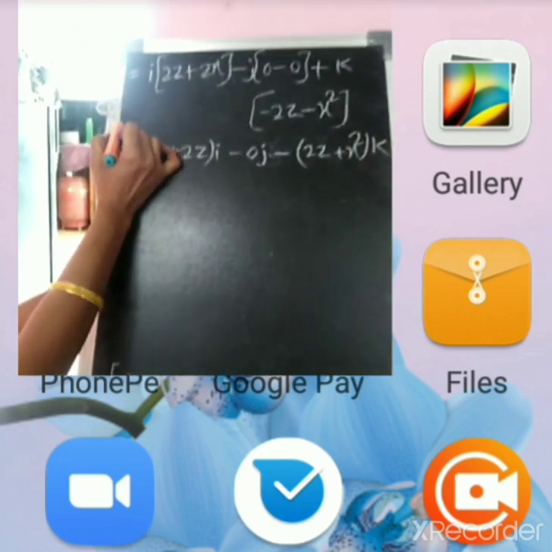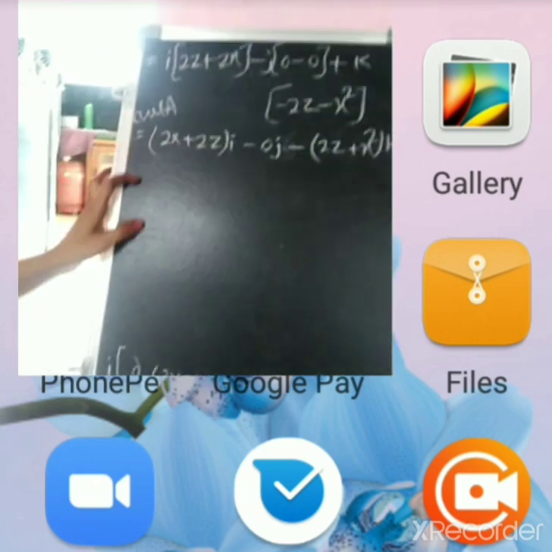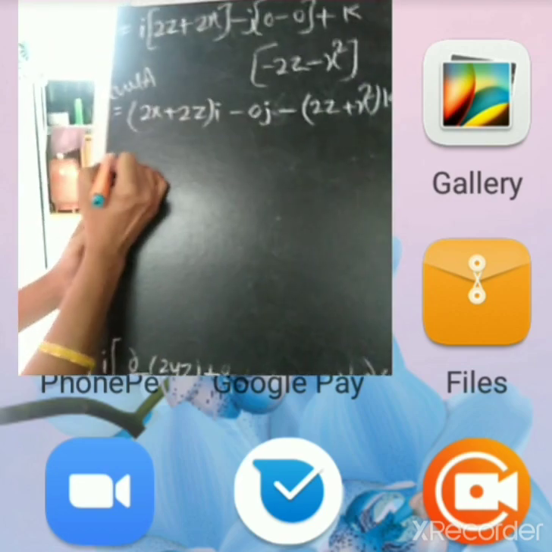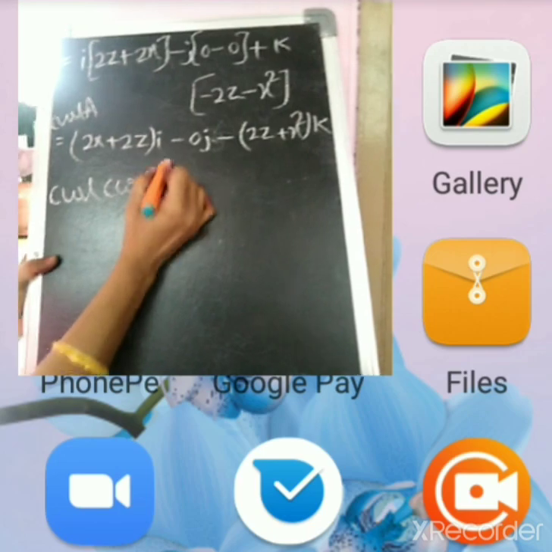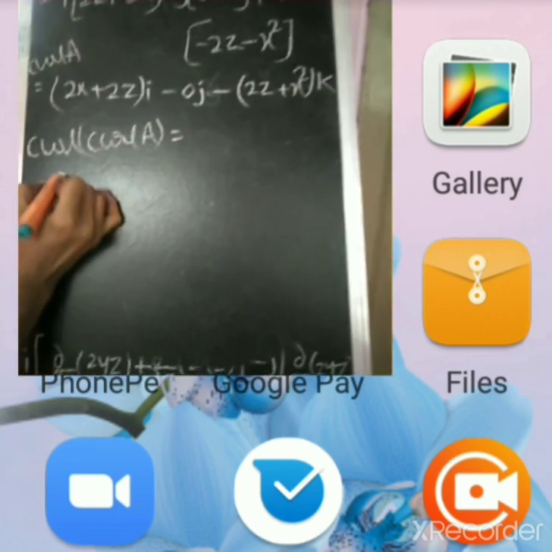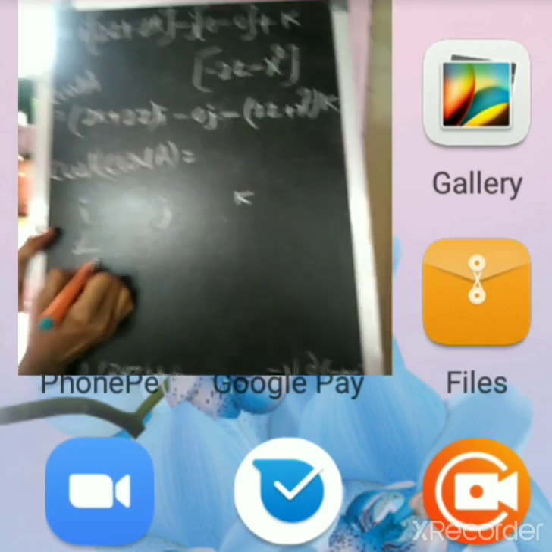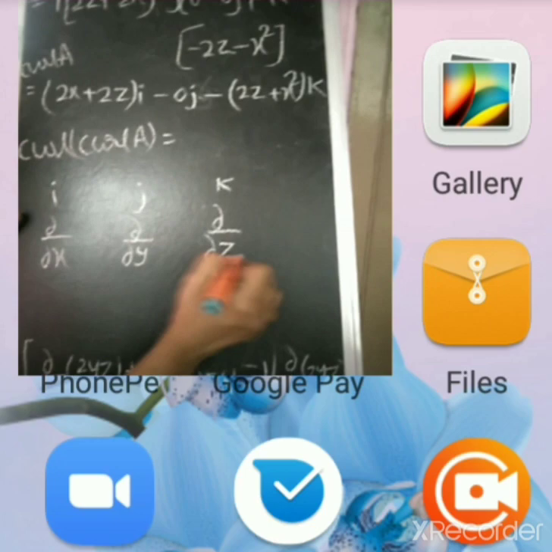So this is the total value of curl A. Now we find the curl of curl A. So that is curl of A equal to determinant of i j k, dou by dou x, dou by dou y, dou by dou z.